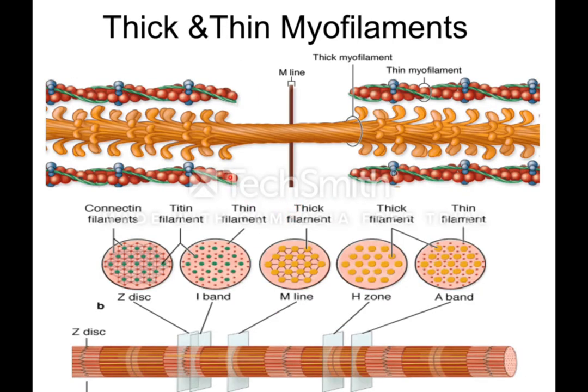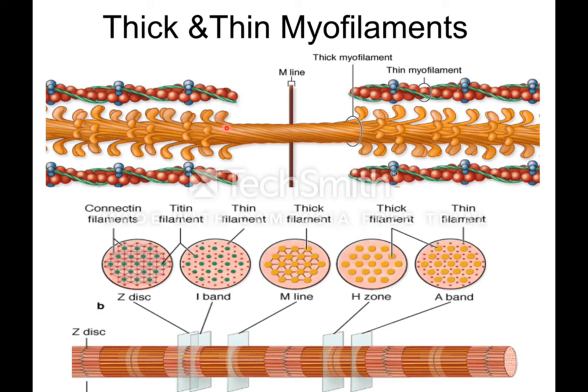This slide shows the thick and thin myofilament location in the sarcomere. As you see here, around maybe 100 myosin molecules are twisted together at the tail and joined to the M line by myomesin, which also holds them together in the H zone.